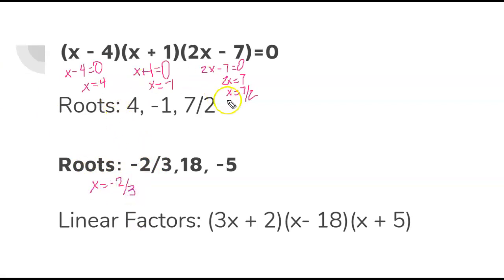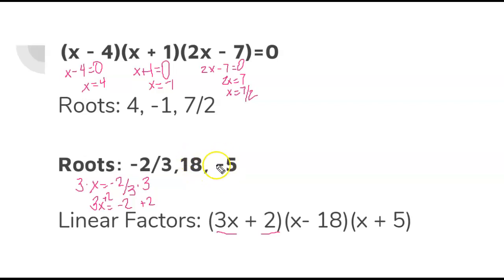So we think of these steps backwards. Here I had divided by that 2, so to undo that, I need to multiply by that denominator. So that gives me 3x is equal to -2, and then if I add the 2 back over to the other side, I get 3x plus 2 is equal to 0. So that's where that factor came from.